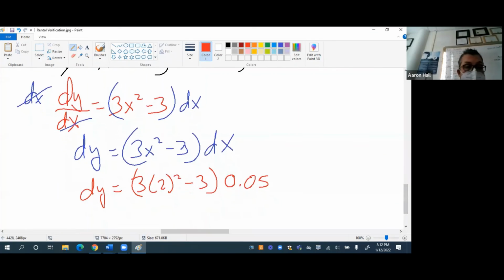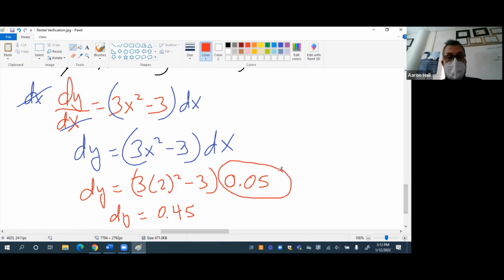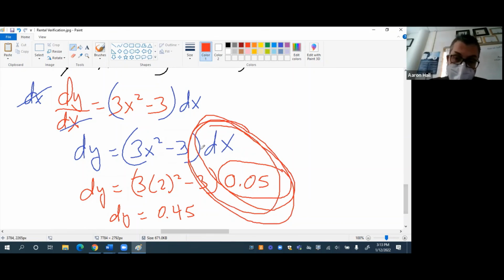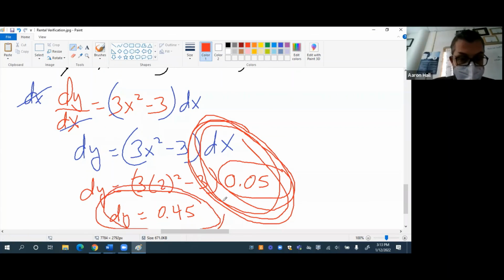What'd you get? So dy equals 0.45. So when the change in x is 0.05, the change in y is 0.45, yep.